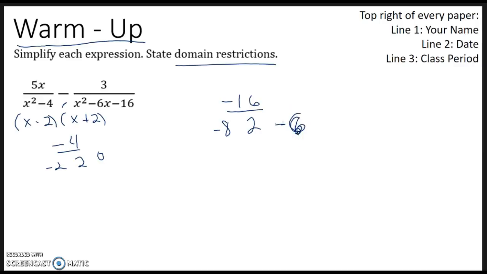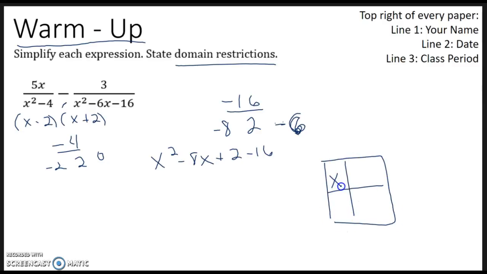So I've got x squared minus 8x plus 2x minus 16. That would be my pants part. And then box it out real quick. Got an x squared, a negative 8x, a 2x, and a negative 16.